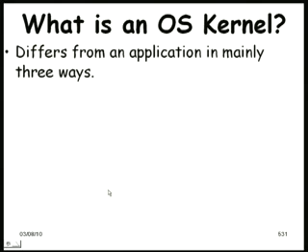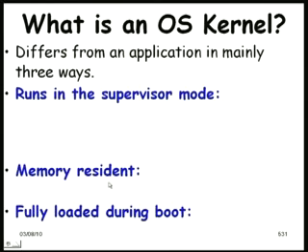And we said that the OS kernel mainly differs in 3 principal ways from a traditional application. The first one is that it runs in the supervisor mode. The kernel programs, kernel processes, run in the supervisor mode. That is, they run at higher priority, and they can do some privileged operations which the user programs cannot do, like access the entire memory, execute some instructions, access IO ports, etc. And paging is not applicable to the kernel. These are memory resident.